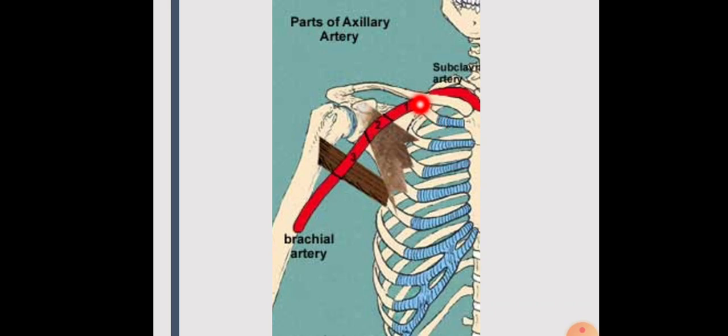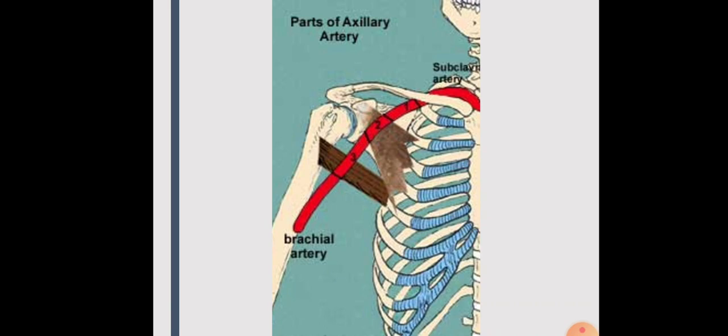Here at the outer border of the first rib it changes its name from subclavian artery to axillary artery, and at the lower border of teres major it changes its name to the brachial artery. So here is the axillary artery. It begins at the outer border of the first rib as a continuation of the subclavian artery, and terminates at the lower border of teres major to become the brachial artery.